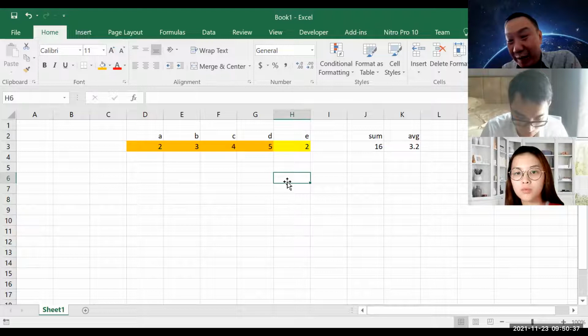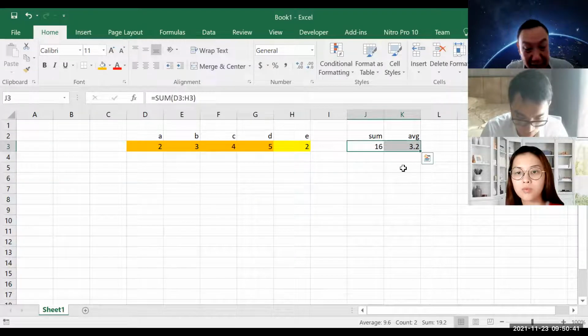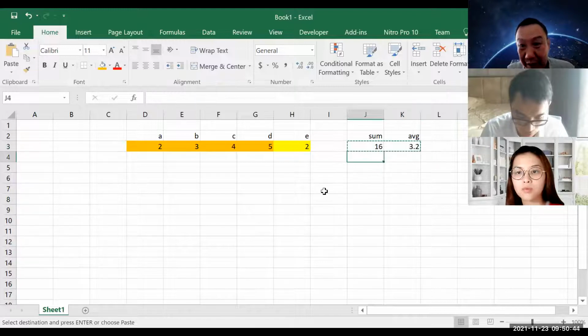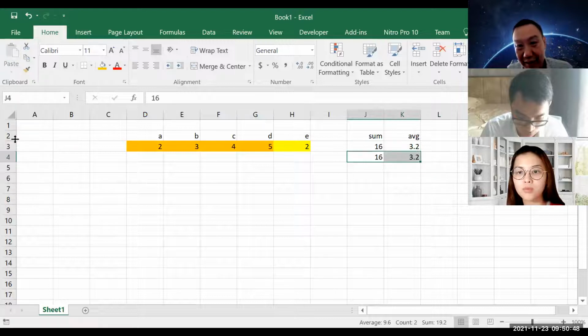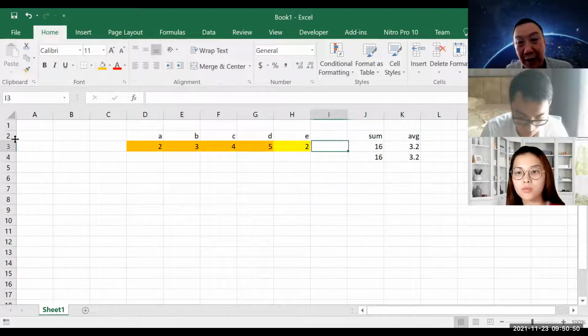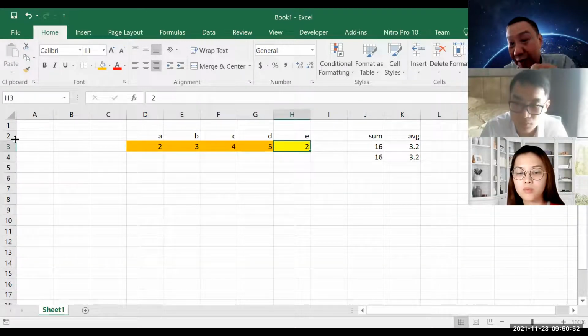Okay, look at this. Now I delete this number. Remember this one is 16 and 3.2, right? So I will paste the values here so that you will remember this. I've deleted this yellow cell here. Ta-da!